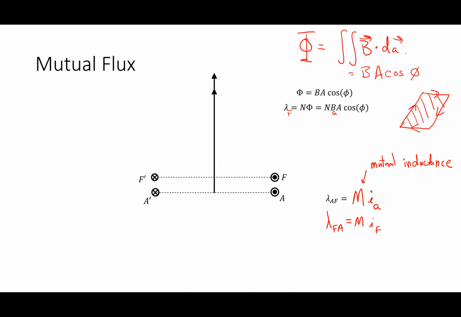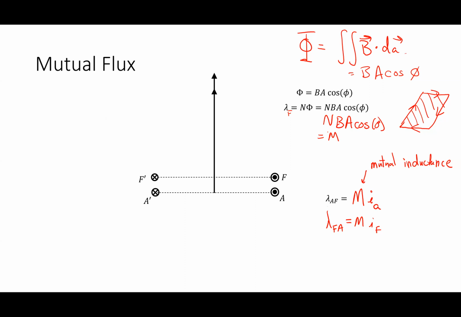It's the NBA cosine. Yeah, basically it is. We don't usually in circuit terms think in terms of B fields and areas or whatever. We want to get that into an inductance. But yeah, it basically is to say that NBA cosine of 0 degrees is equal to M, right?